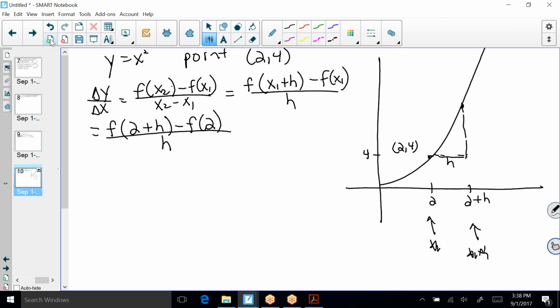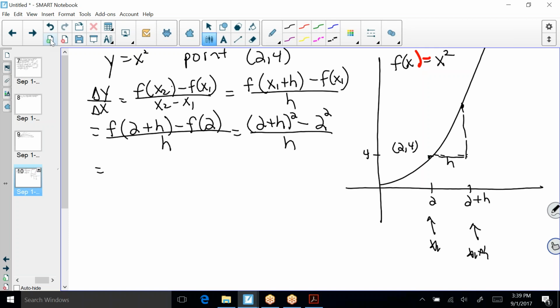So our function f is this y is equal to x squared. We could write it as f of x is equal to x squared. So we're plugging 2 plus h into that function, and we get 2 plus h squared minus f of 2 is what we get when we plug 2 into that function. So minus 2 squared. And we're going to divide that by h.